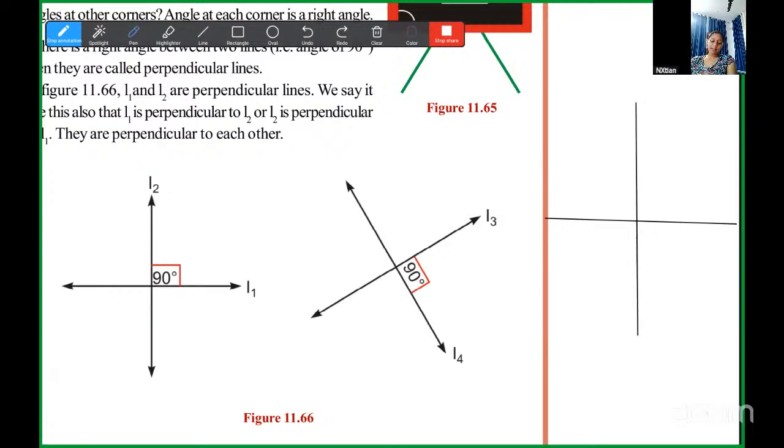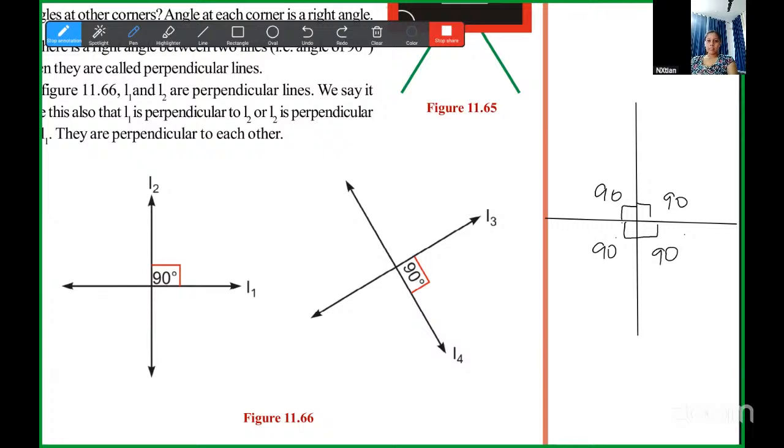Now here what is happening? All angles are 90 degree. Here also 90 degree will form, here also, then at the bottom here also 90 degree, and here also 90 degree. 90 degree angles will form everywhere.